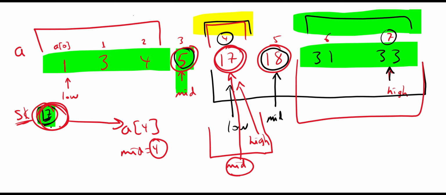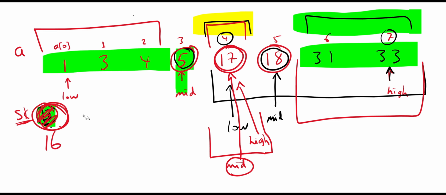If we do not have this value in this sequence, for example, if we were looking for 16 instead of 17, what would happen? Actually, we would come until this point and we would say that 16 is not equal to 17.